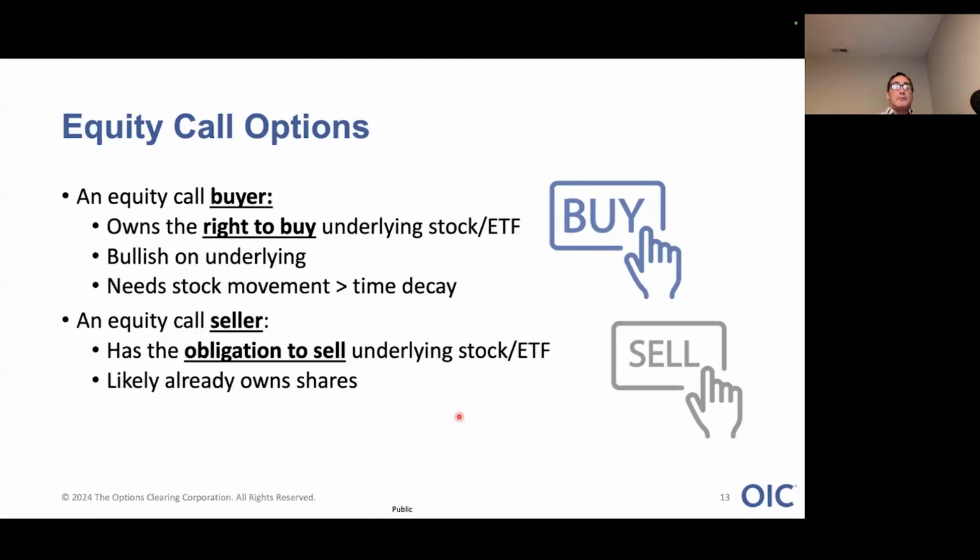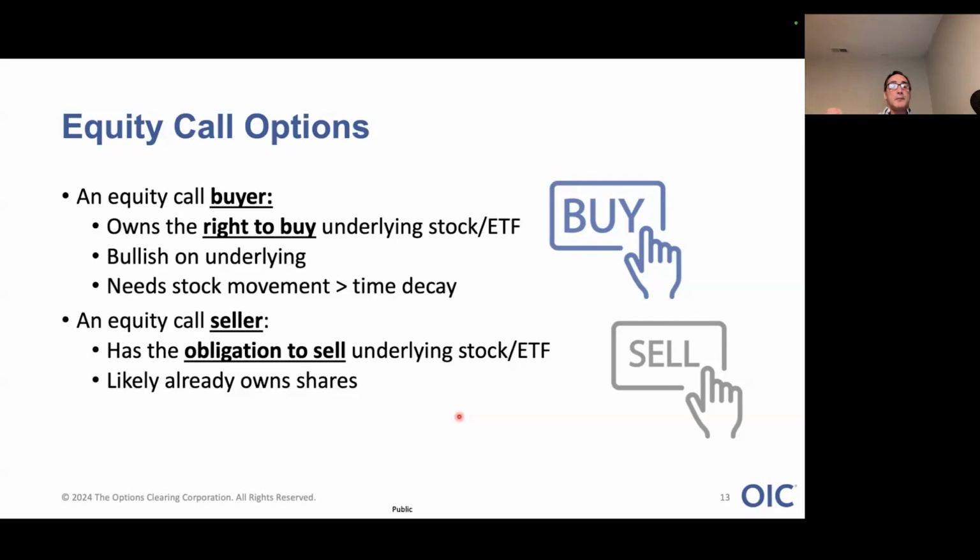There are people that already own the shares, selling calls against their long stock holdings. We'll look at that a little later, but that's more of an income generating strategy. Then there are people who don't own the shares, who are selling options because they're bearish, or putting them on as part of a spread, maybe buying one option and selling another against it.